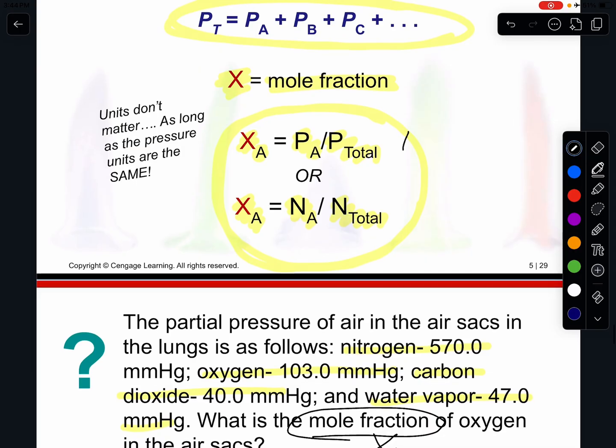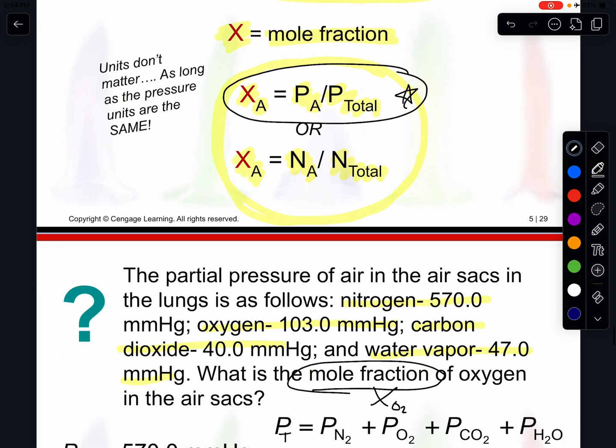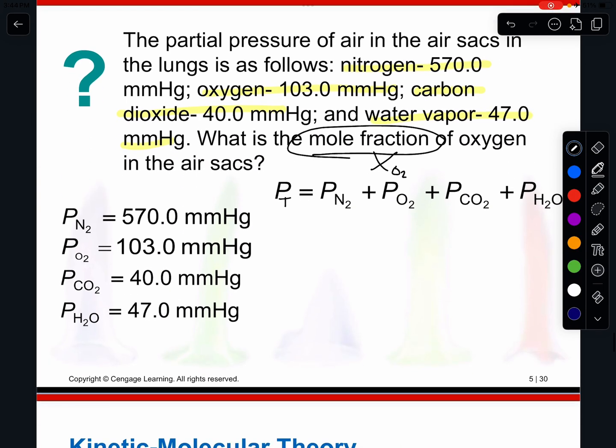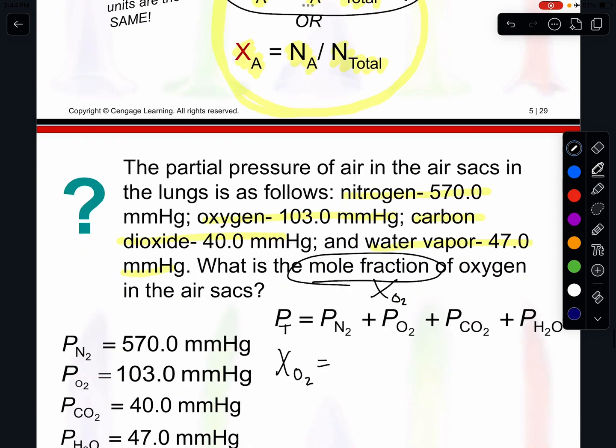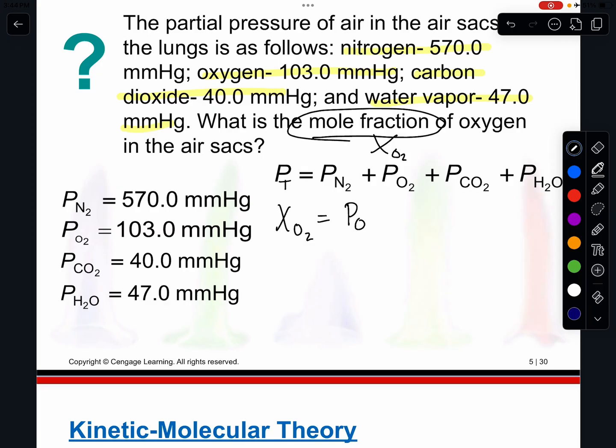So we have 2 equations here. We have pressure of A over the total pressure, or we have the moles of that over the total moles. Well, we don't have moles, so we're going to utilize this first equation. So the mole fraction of the O2 is equal to the partial pressure of the O2 over the partial pressure of the total amount.